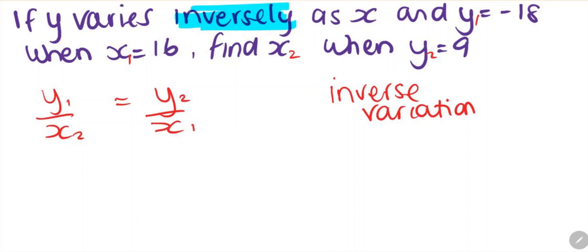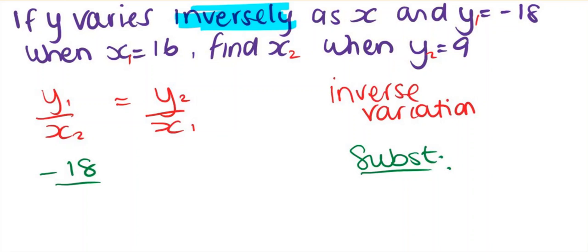Now we're going to substitute in the values. y1 is minus 18, divided by x2, which we don't know, and y2 is 9, and x1 is 16.